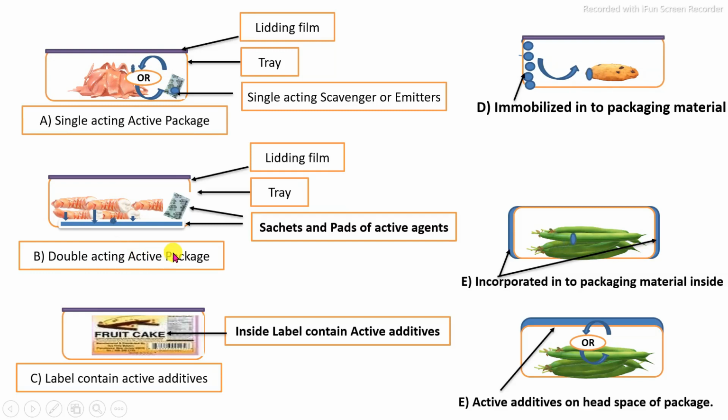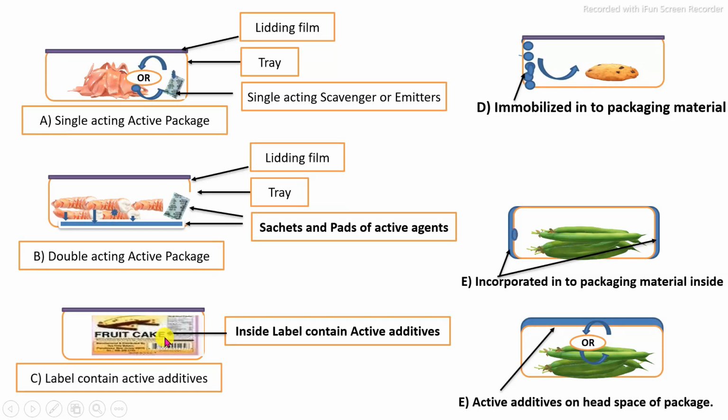The dual-acting active packaging system uses dual additives, which may be absorbing or releasing additives. You can see in this photo that a sachet is provided and also pads. The pad may act as a moisture absorber, an oxygen scavenger, or a carbon dioxide emitter in this system.